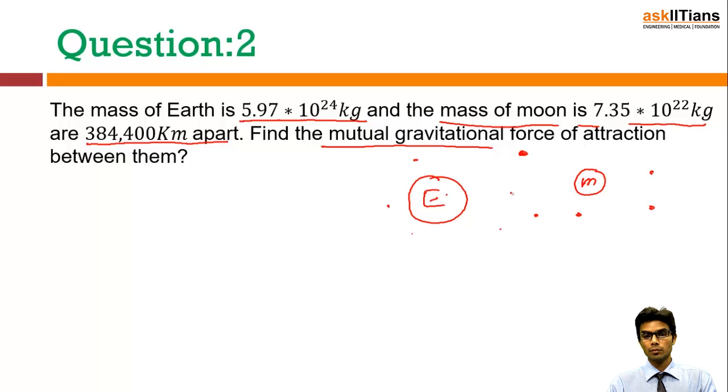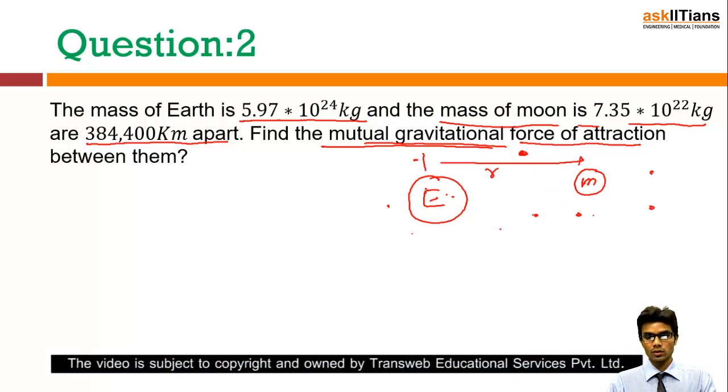So there may be an influence of these other planets on the force between the earth and moon. But here we have to find only the mutual gravitational force of attraction between them. So we have to consider only the force between earth and the moon. We have to ignore the force due to all these other planets. So we are going to consider only the mass of earth, the mass of moon, and the distance between them.